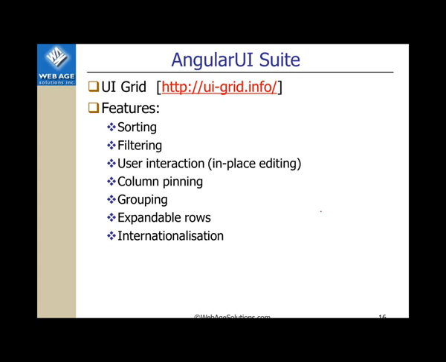So let's take a look at some of the more prominent examples of that Angular UI suite. UI Grid. What's interesting about those components is that they're provided in a very nice way. You can test them out. Some of those come with a Plunker link.